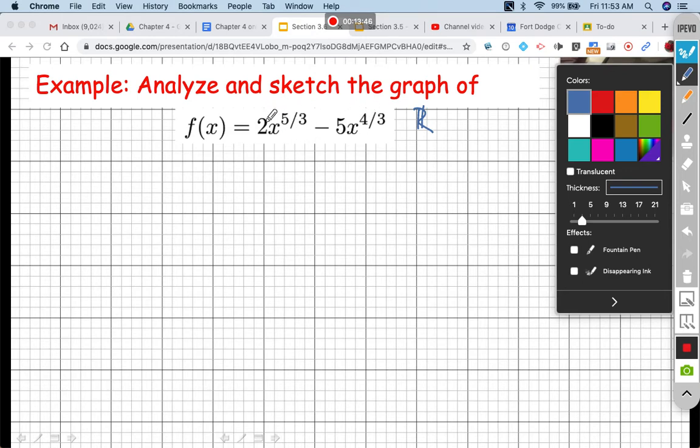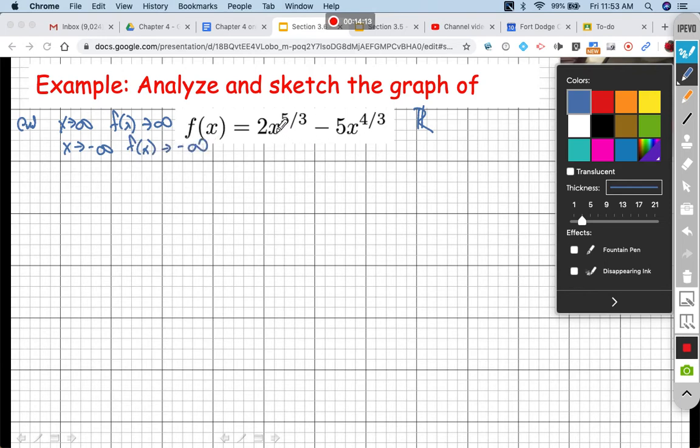This is going to overpower at big values. It's going to be an odd power, so it's going to keep the sign. So my end behavior is going to be as x approaches infinity, f of x is going to approach infinity. And as x approaches negative infinity, f of x approaches negative infinity.